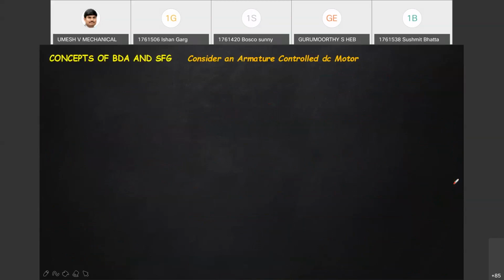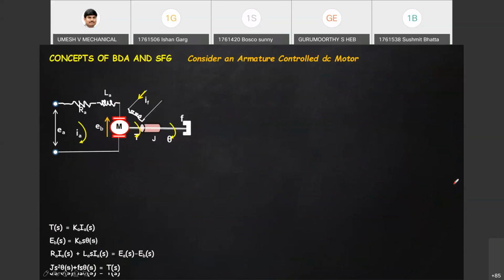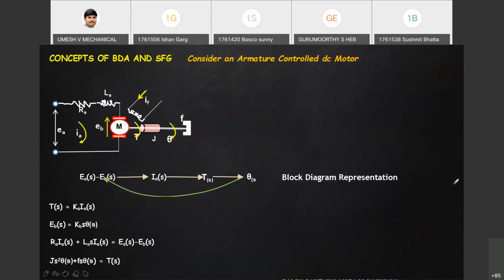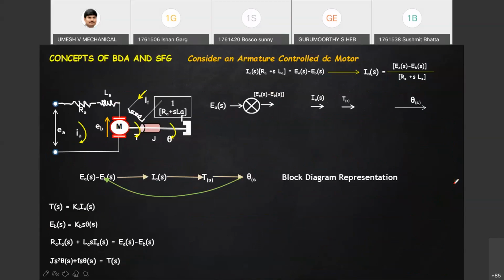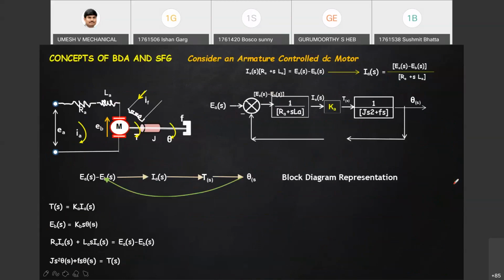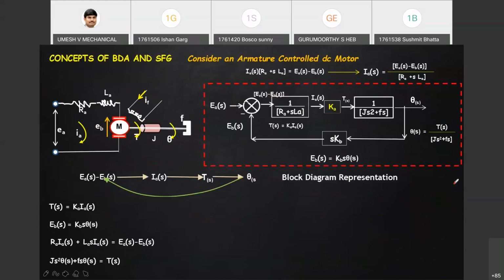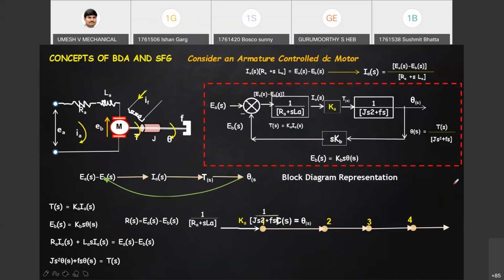The same thing is shown here. This is the block diagram representation, and this is the signal flow graph that I am showing.